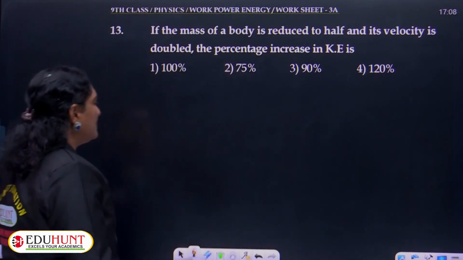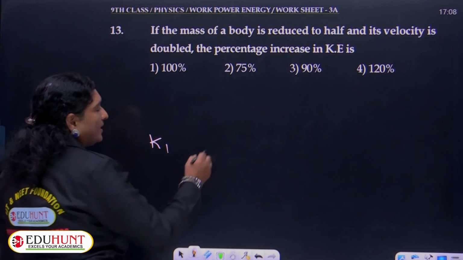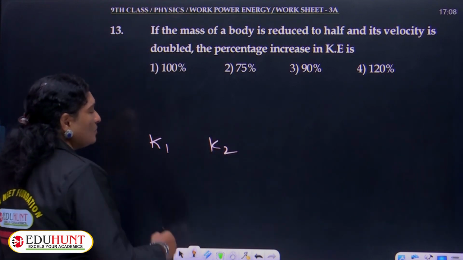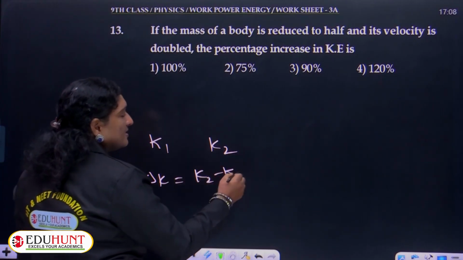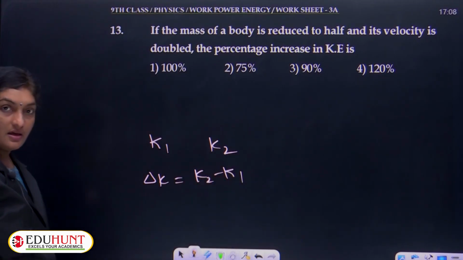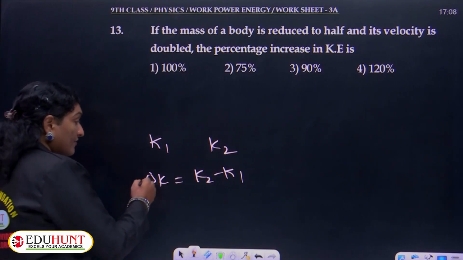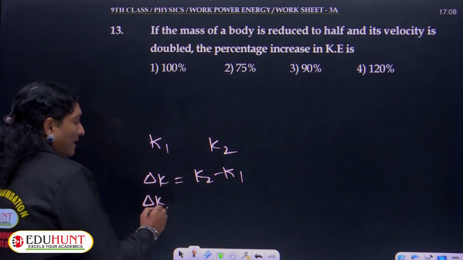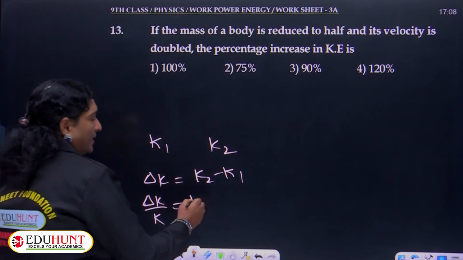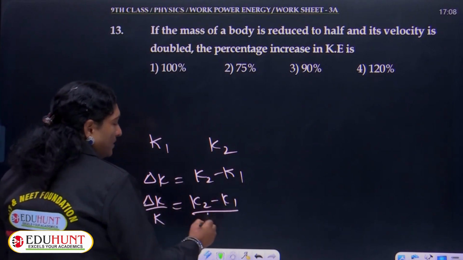Children, increase means suppose K1 is the old kinetic energy and K2 is the new kinetic energy. What is the difference in kinetic energy? Final kinetic energy minus initial kinetic energy. But if you want to compare the relative kinetic energy, delta K by old K equals K2 minus K1 upon K1.